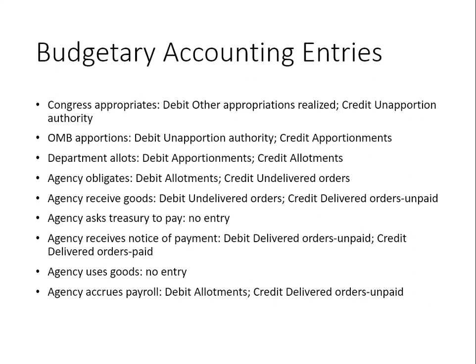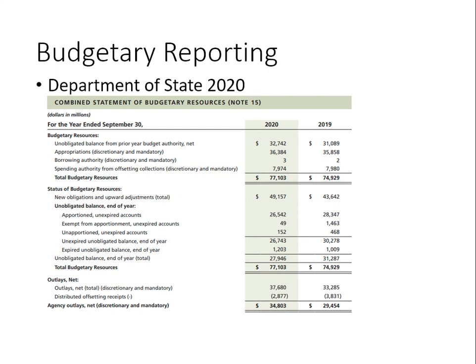Among those obligated, how many of those orders have been paid, and how many are unpaid? So these accounts and their balances can help us get to the statement of budgetary resources, which is part of the financial reports.